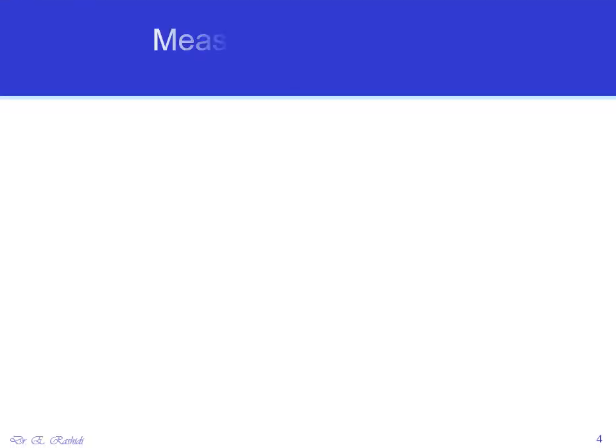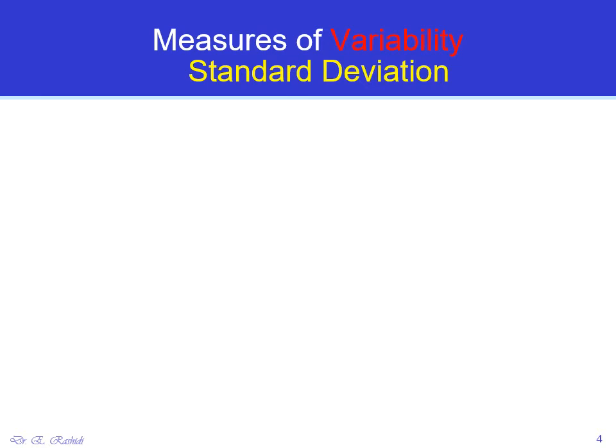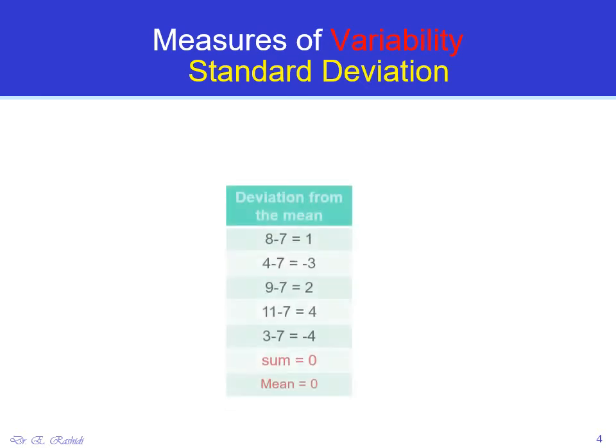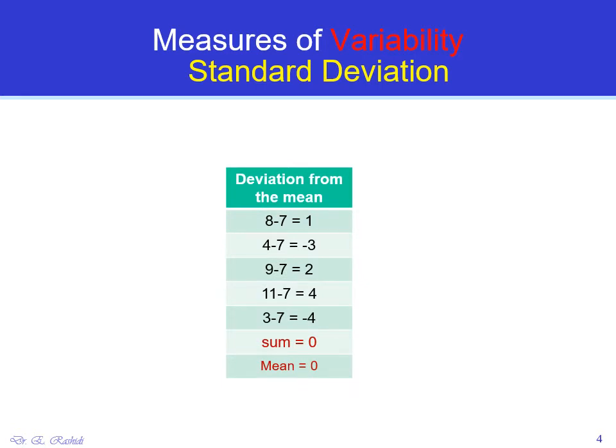A solution to the problem that we had with the average deviation, the cancellation effect, leads to a method called the standard deviation. Let's see how it works. Let's go back to our previous example. We wanted to find the deviation and the average deviation for this set of data.